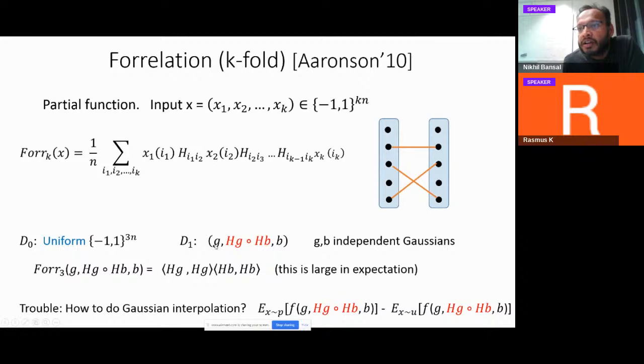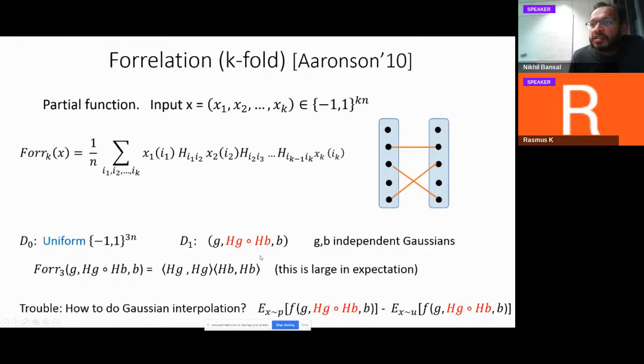The right distribution is you pick a Gaussian here, pick another Gaussian here, and on this intermediate block, you compute H times this Gaussian, H times this Gaussian, and then take the coordinate-wise product. So the ith entry of this vector is the ith entry of this vector times the ith entry of this vector.